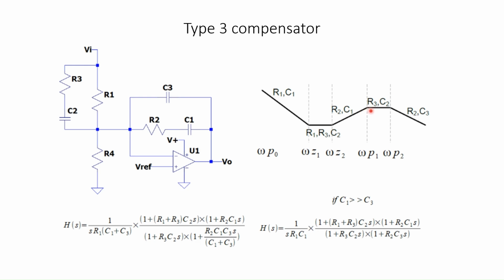Then we have a pole at 1 over R3 C2, so it will become flat, because the pole causes a decrease in magnitude by 20 dB per decade, so it becomes constant. Again, the last pole comes at 1 over R2 C3, and there will be a 20 dB per decade fall in the magnitude here.